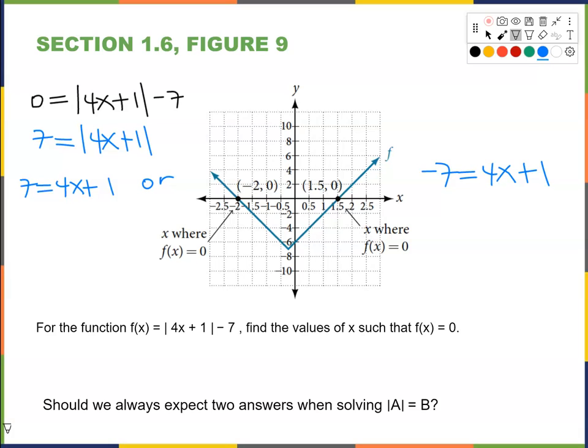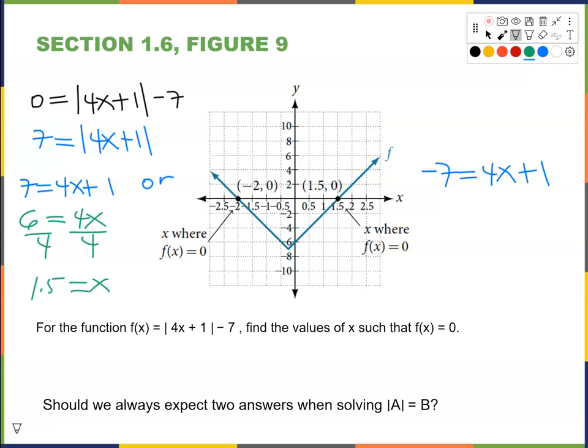Solve for x. So subtract 1. Seven minus 1 is equal to 6, equals 4x, then divide by 4, and that is 1.5.